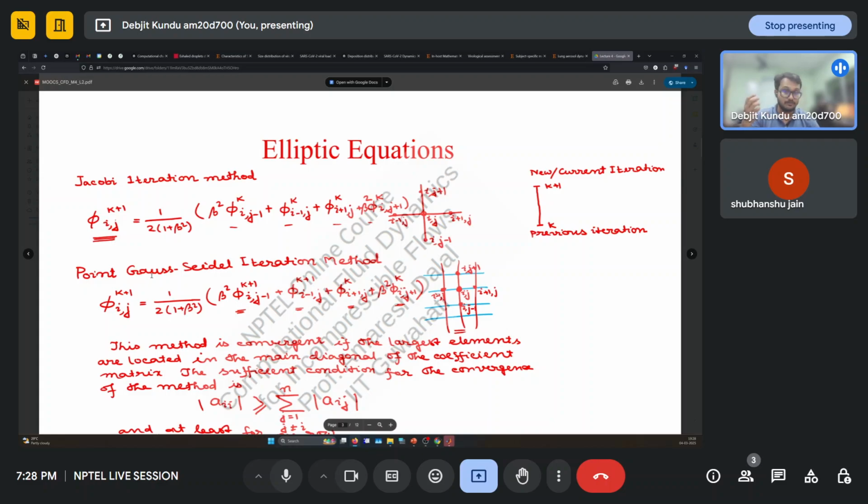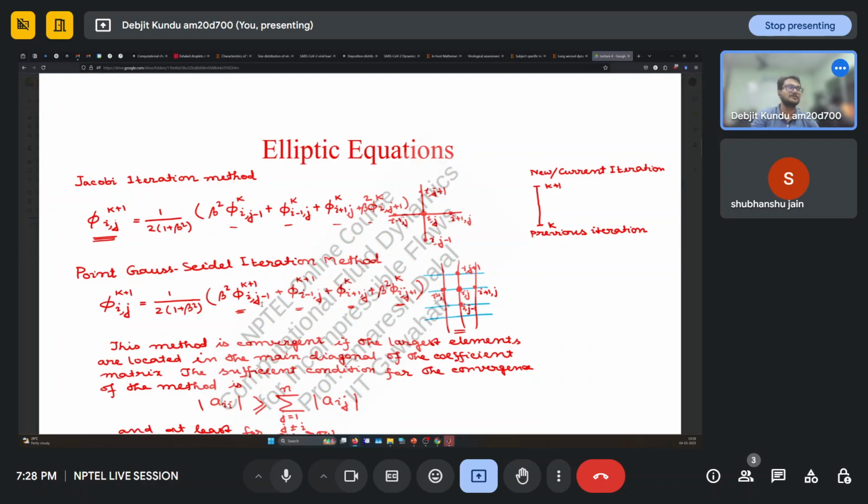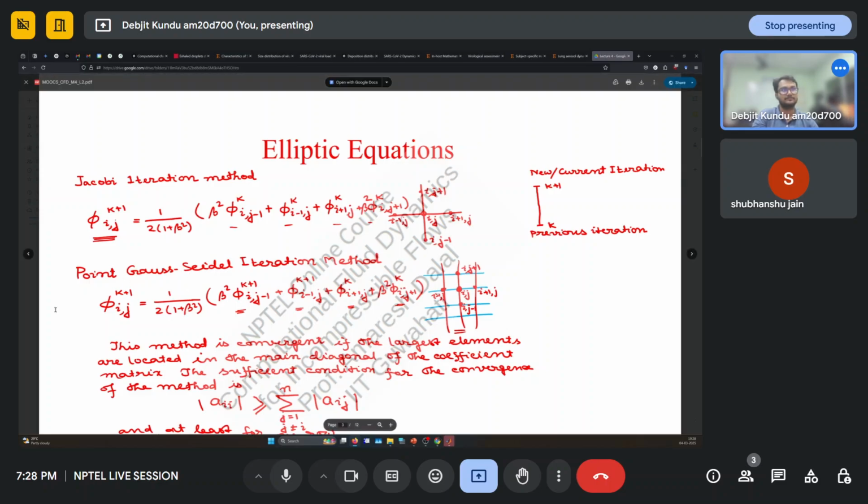To make use of those values which you have already calculated, you use k plus 1. So when you have j minus 1, you take the new value because you already calculated it. So the first term, phi i,j minus 1, will have k plus 1 in its superscript for point Gauss-Seidel. You can follow my cursor, right?